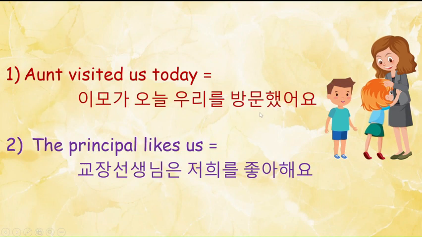So in past tense, it will be 방문했어요. Next example is the principal likes us. 교장 선생님은 저희를 좋아해요. Here I have used the pronoun 저희 and attached the object marker with it, so it is translated as us. Principal is 교장 선생님 in Korean.